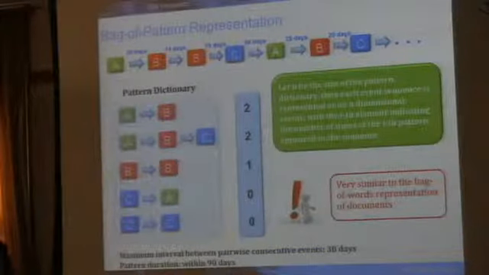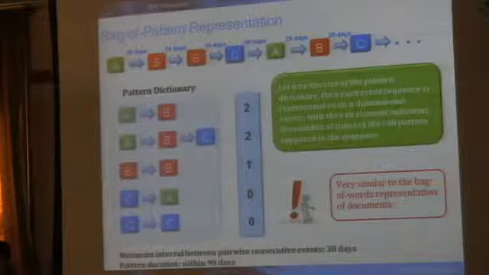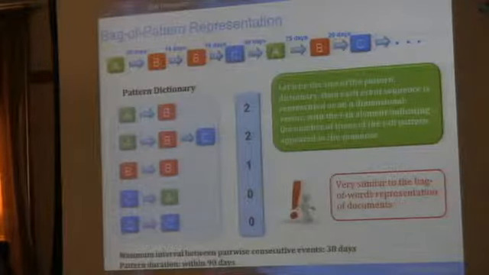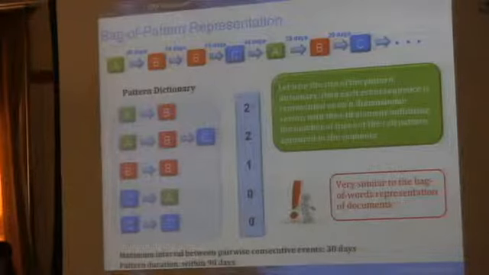After we mine those patterns, to evaluate the predictive power of each pattern, we construct a bag-of-patterns representation for each sequence. You can imagine each sequence is now represented as a vector. The value on each entry is the frequency of that pattern appearing in that sequence. With this vector-based representation, we can investigate the predictive power of those patterns.